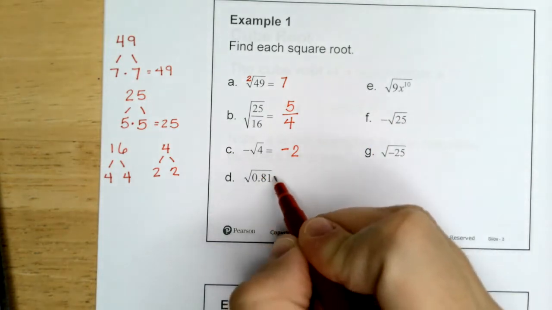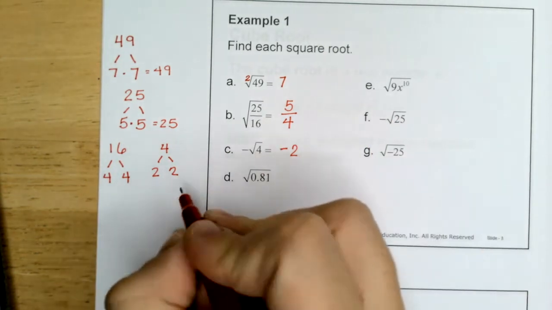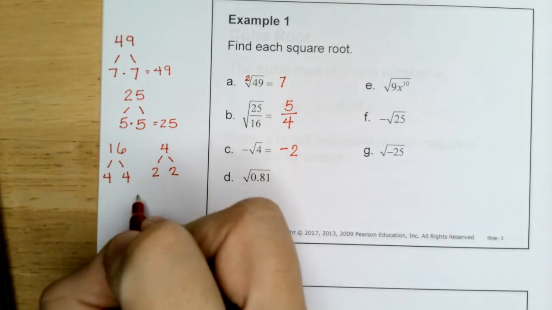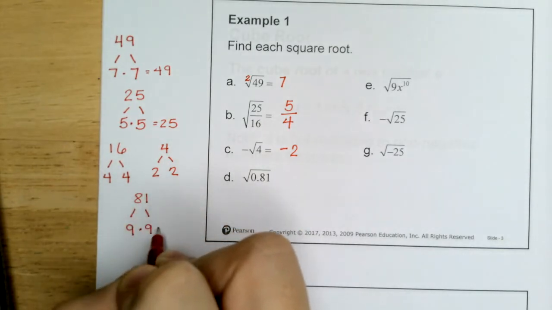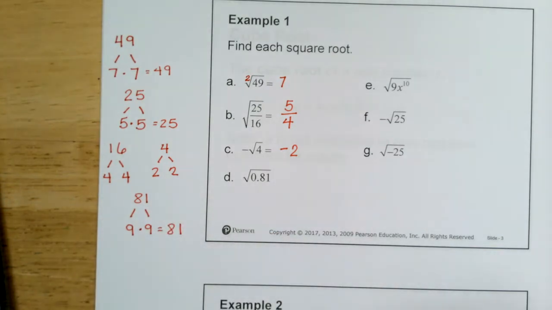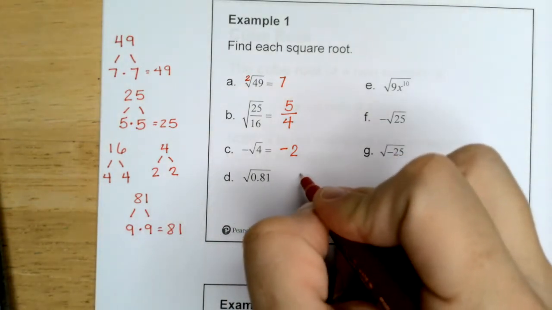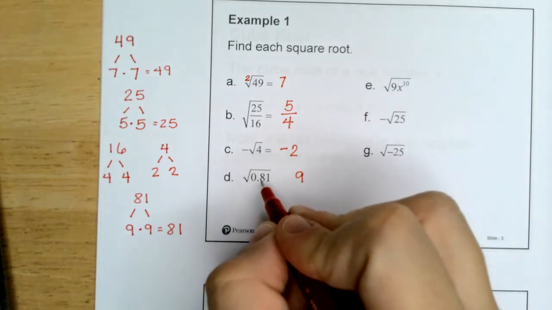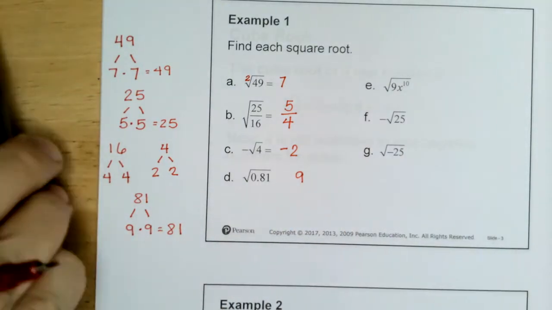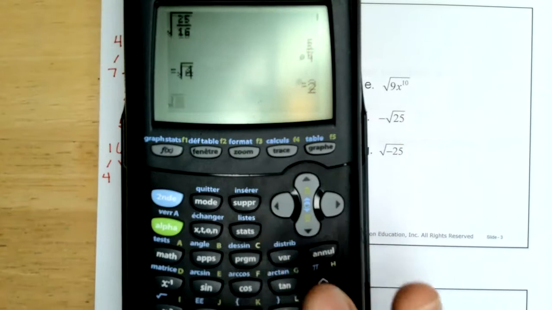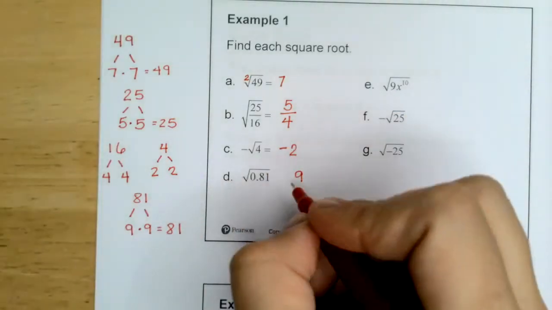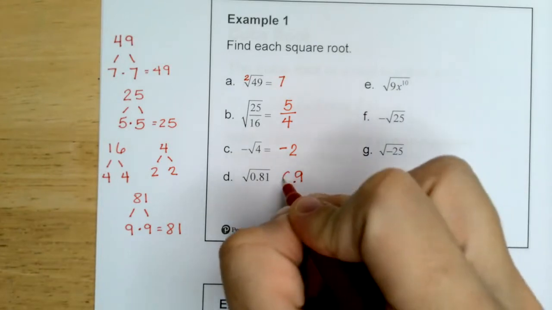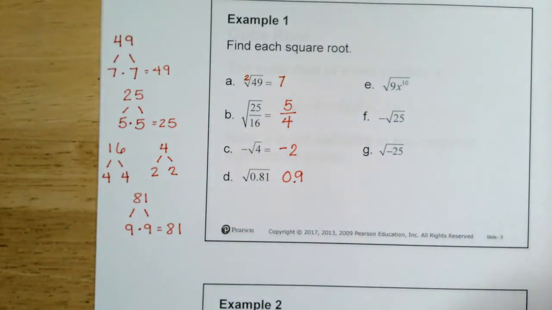So I know that if I just took the number 81, I could factor just 81. 81 would be 9 and 9, right? So I know it's going to be some kind of 9, but I don't know if it would be 0.9 or 0.09. You can just put it in your calculator. The square root of 0.81 is 0.9. Okay.